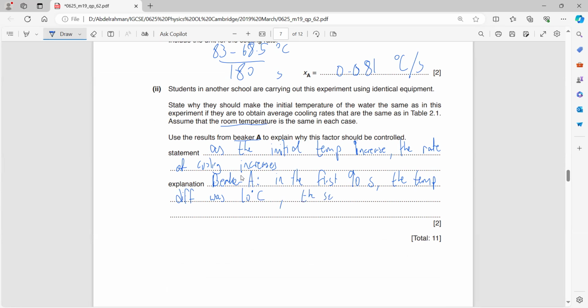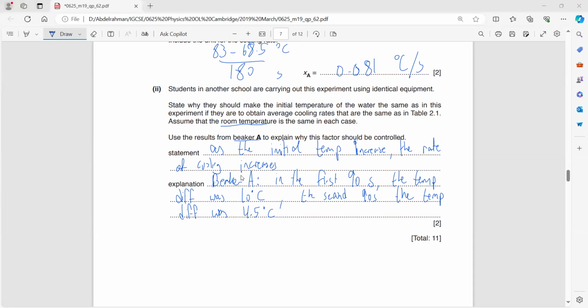In the second 90 seconds, the temperature difference was only 4.5 degrees Celsius. That's the whole point.